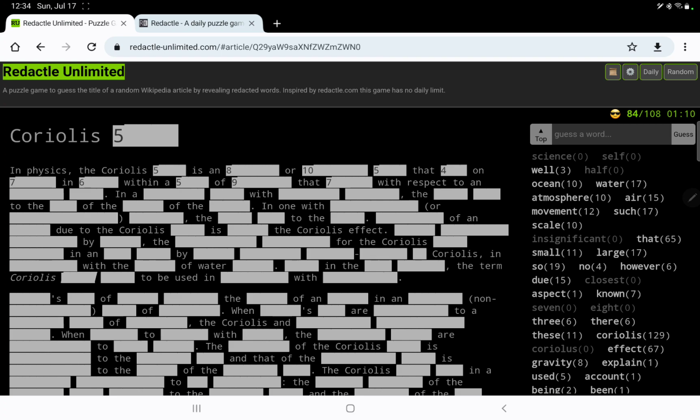So we now know that the subject is Coriolis something. The Coriolis not effect. With respect to an 8.5. In a 9.5 with 9.8, the 5.4 to the something.